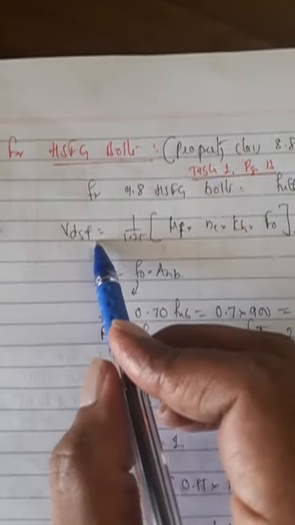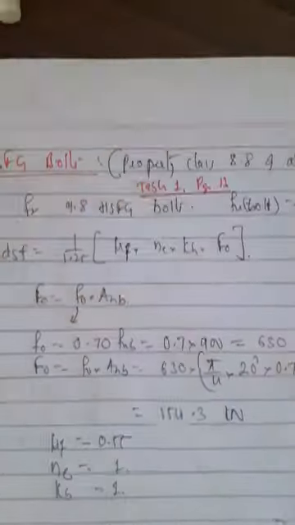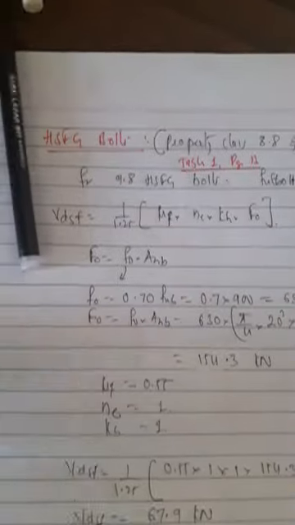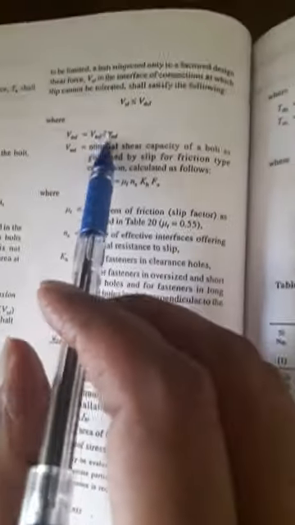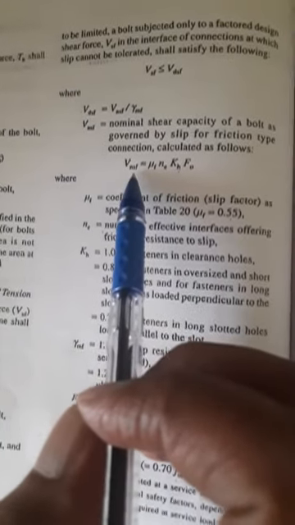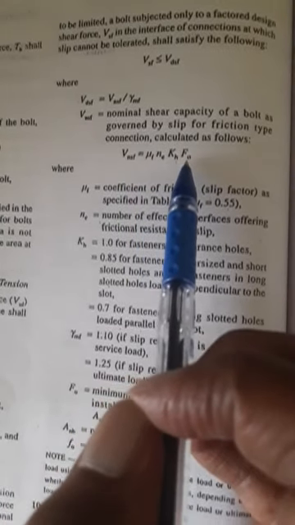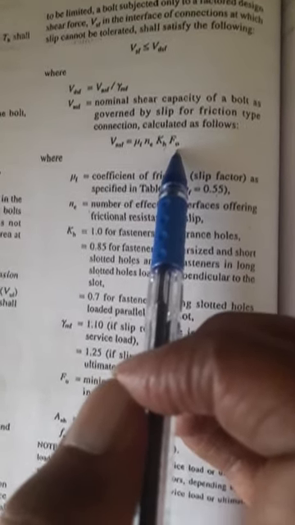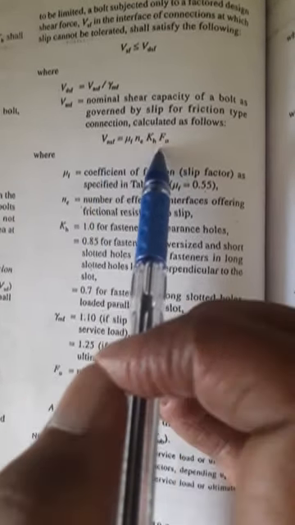Now the equation for HSFG bolts, VDSF, you have to refer to clause 10.4. The equations are given here. VNSF for HSFG bolt is mu F Ne Kh into capital F naught. This is nominal, divided by 1.25, you get VDSF.